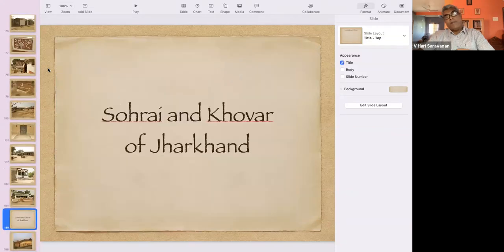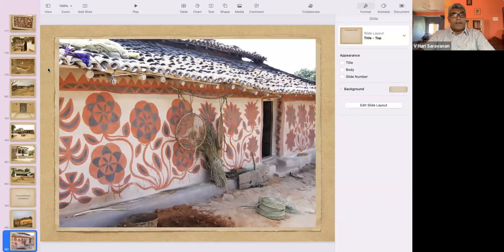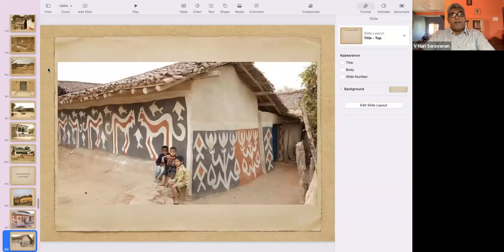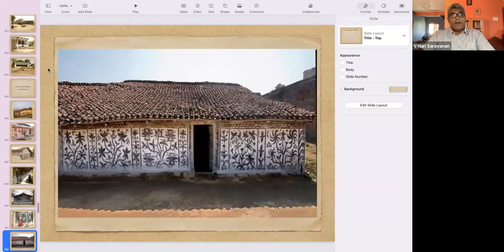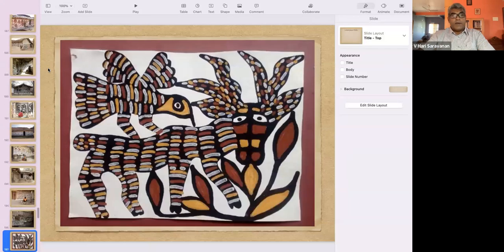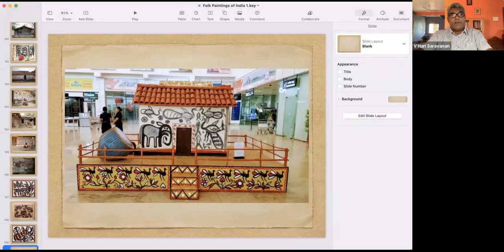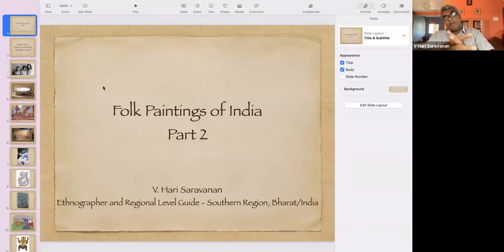Then finally, we ended our presentation with the Chorai and Kowar of the Hazaribagh region in Jharkhand. So today we will have a continuation. From here, I would like to take you to other places across India to showcase folk paintings. This time, ladies and gentlemen, we will be looking into other folk art forms, which is more of a continuation from the previous one.